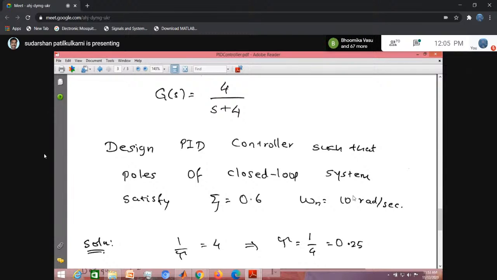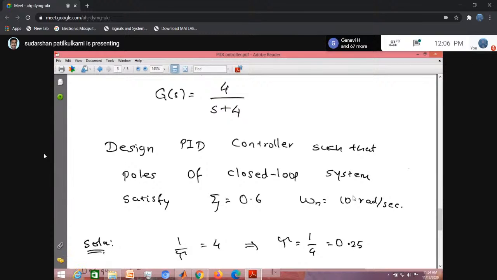In design problems, the solution need not be unique, but some solutions are better than others. I will give you one procedure. You have three gains, Kp, Ki, Kd, and we have omega n and zeta.